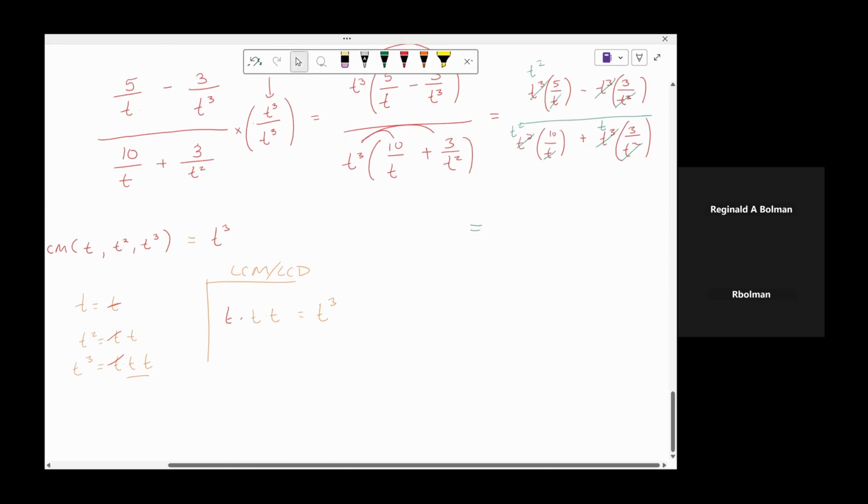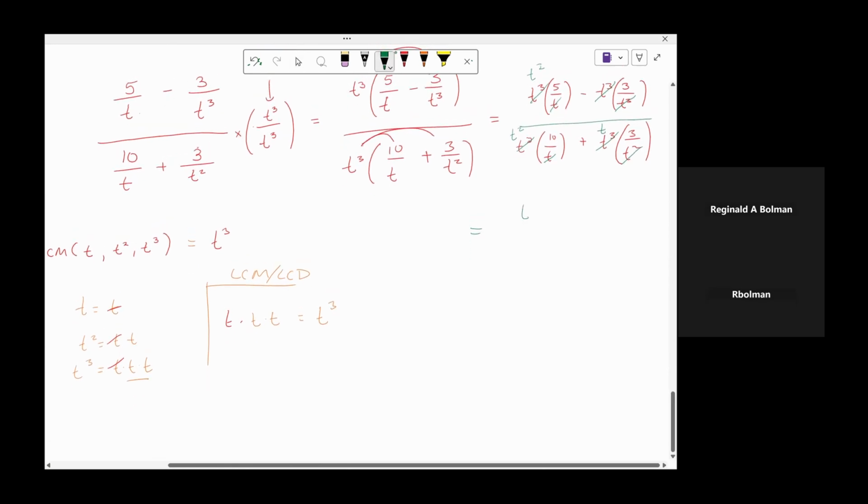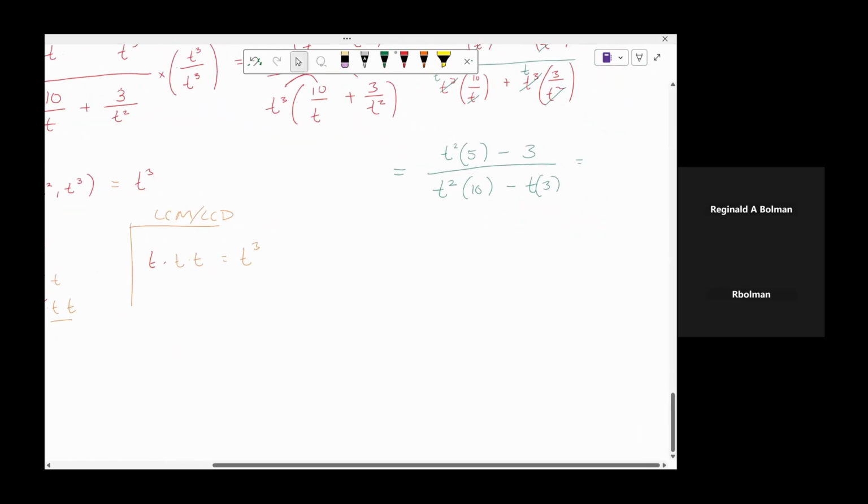So all in all, if we're really, really careful about doing this, we should have a t squared times 5 minus 3 all over t squared times 10 minus t times 3. So said another way, we've got 5t squared minus 3 on top, all over 10t squared minus 3t on bottom.